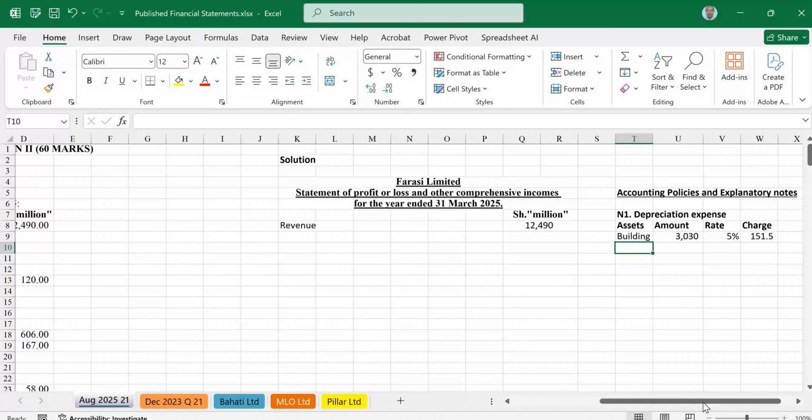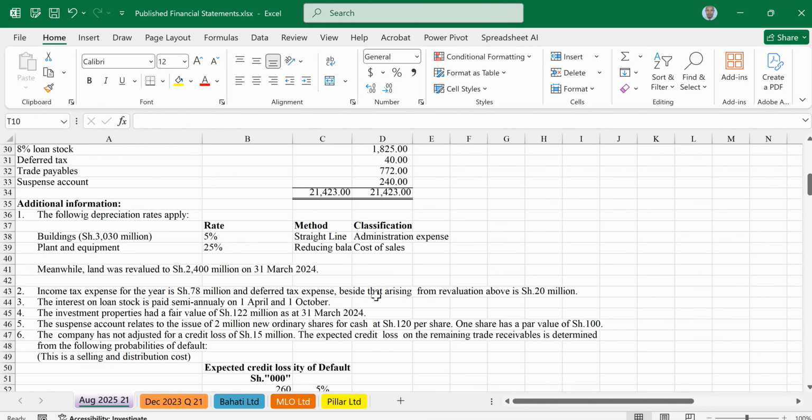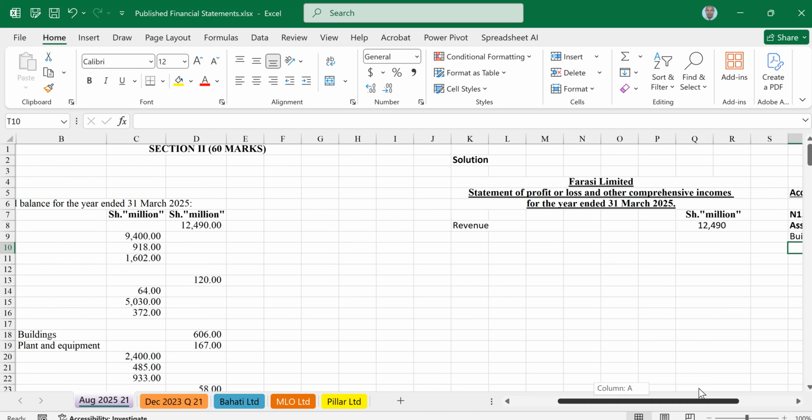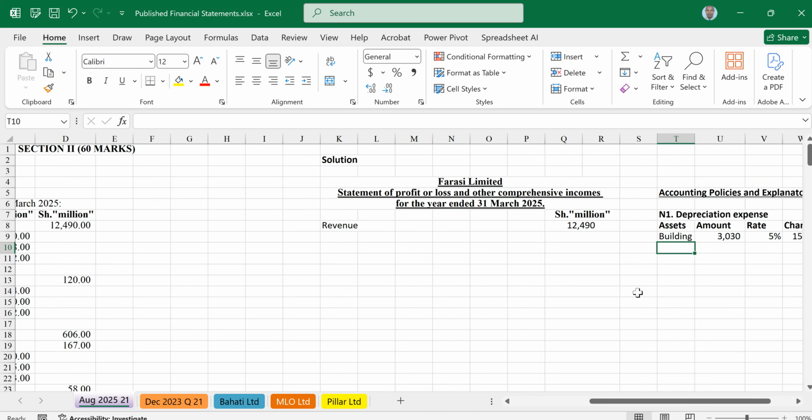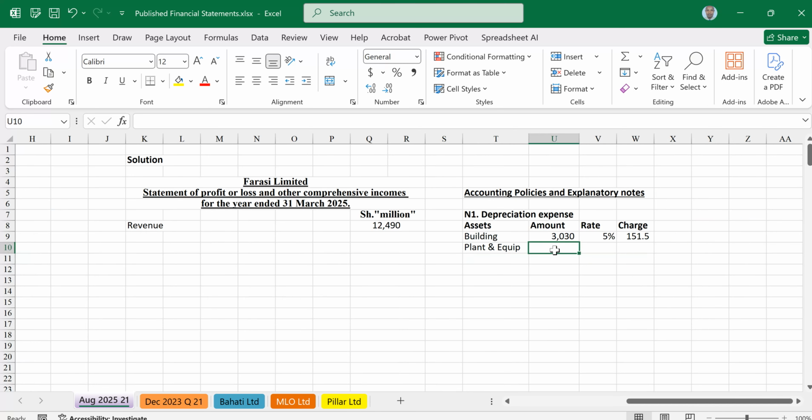Now from building, there is another depreciation: plant and equipment, 25% reducing balance method.